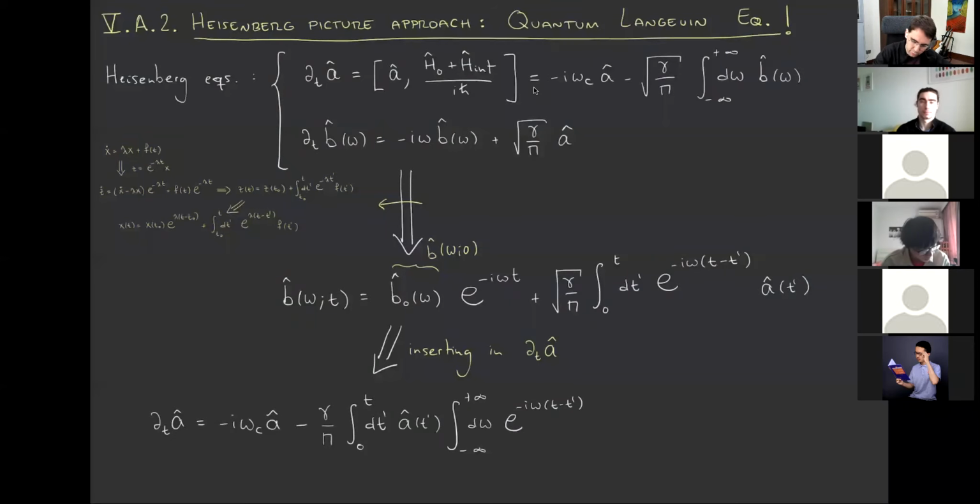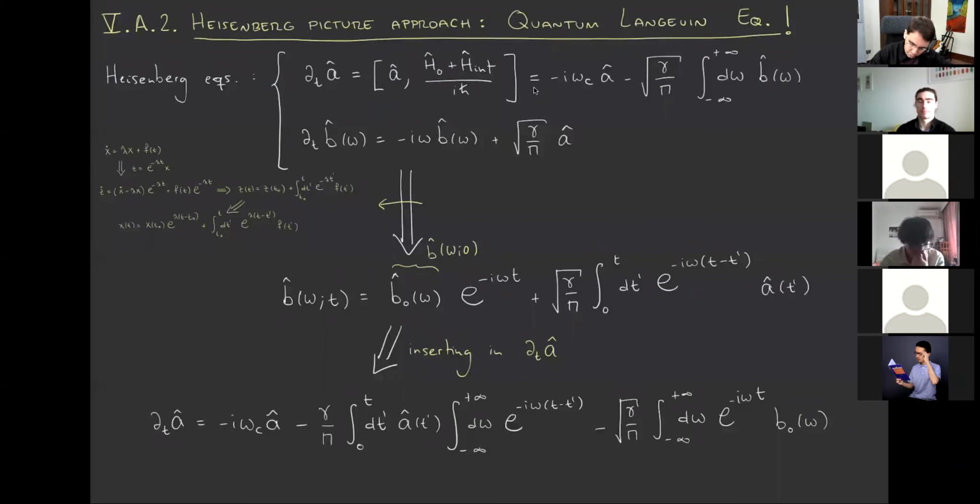And then the second contribution comes from this one in here, just the initial condition term, and that will give me a minus gamma square root of gamma over pi, then the integration from minus infinity to plus infinity of d omega, and then this exponential of minus i omega t with the operator at time 0 for the environment. Okay, so we get these two contributions.